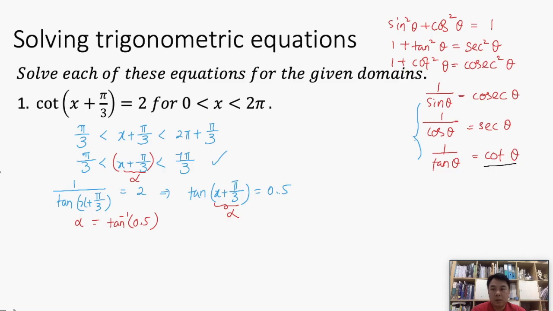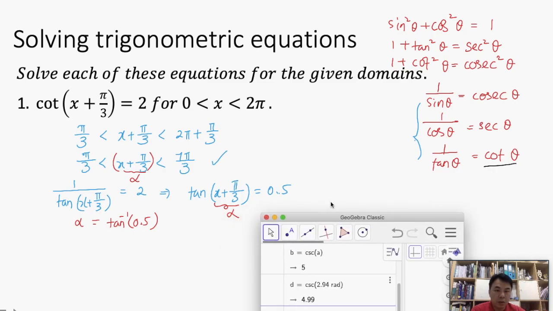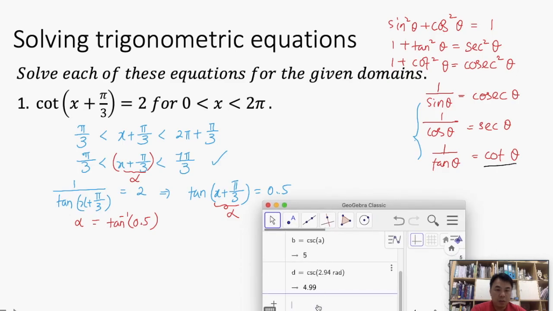Arctangent 0.5. So again, let me get my calculator. Hopefully it's working properly this time. Sometimes it malfunctions. So arctan 0.5. Okay, that is what I have, but because the result has to be in radian, so I need to convert that using a bit of formula here. I'm getting myself 0.46.